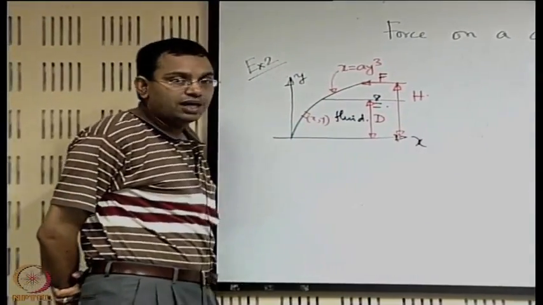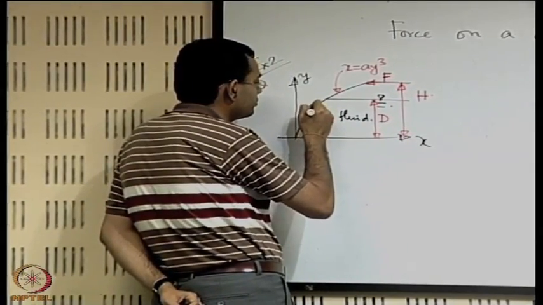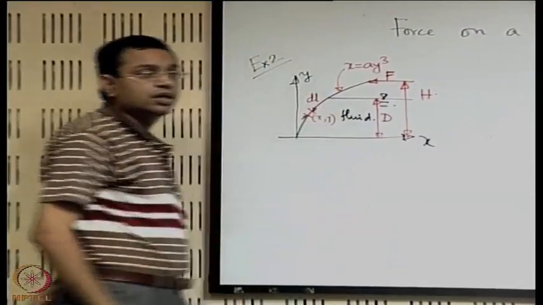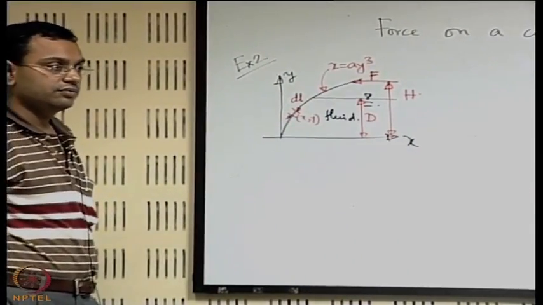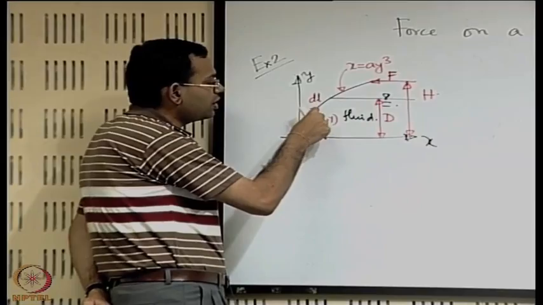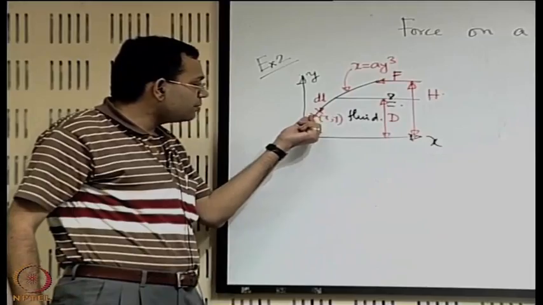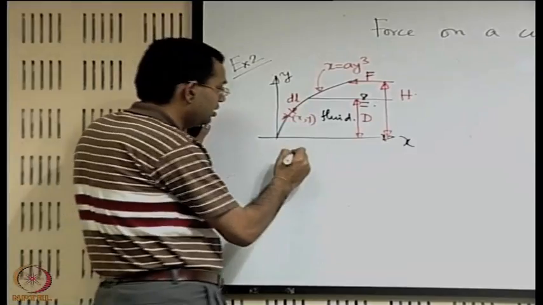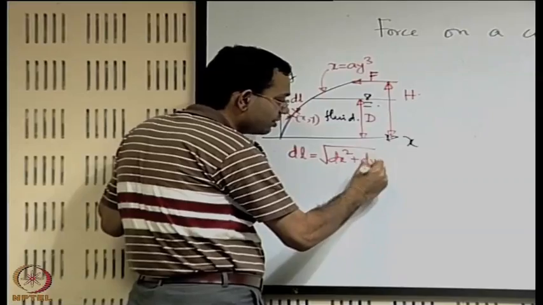So, at x comma y, if you consider a small element, say of size dl, what is the resultant force due to pressure on this dl? First of all, how do we specify this dl? Say at x comma y we can consider a dl comprising some displacement along x, say dx, and some displacement along y, say dy. So dl may be written as the square root of dx square plus dy square.